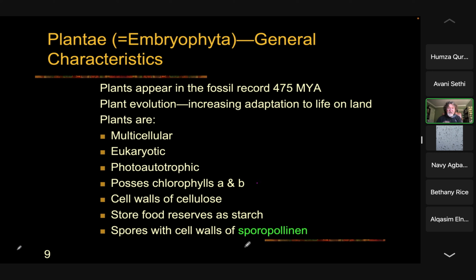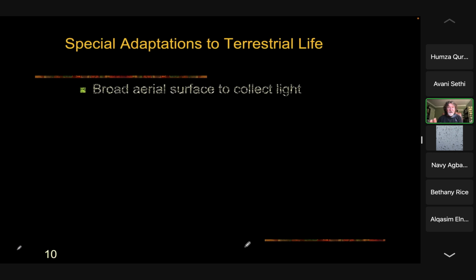However, the spores have cell walls with a very hard polymer called sporopollenin. And there's only one group of green algae that also have spores with cell walls of sporopollenin. And so this is a unique apomorphy, but not for the plants. They're a sister clade, a little bit larger than the plants, as I'll show you a little bit later on.